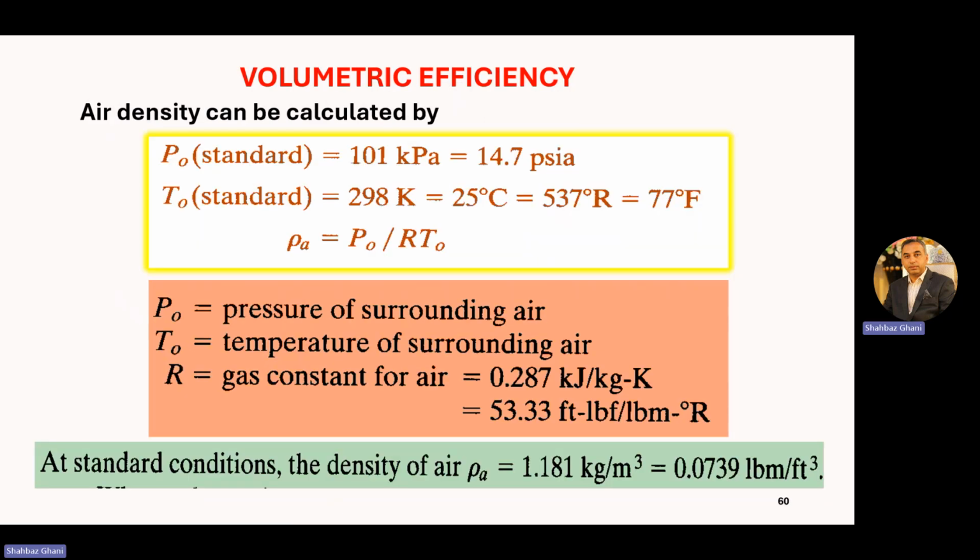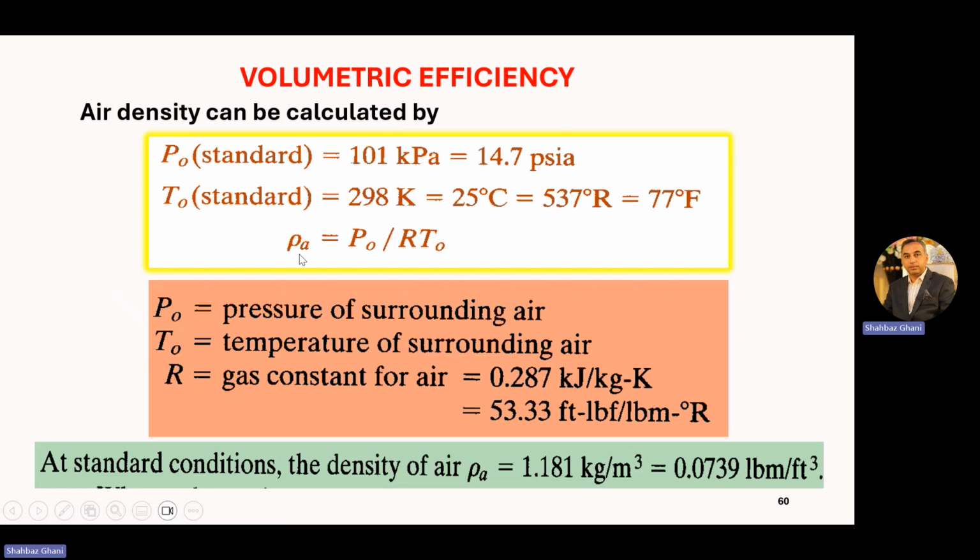Now, air density can be calculated if we know the standard atmospheric conditions. P naught, the standard atmospheric pressure, is 101 kilopascal, which means 14.7 psi, and T naught, the standard temperature, we take as 25 degrees Celsius or 298 Kelvin.